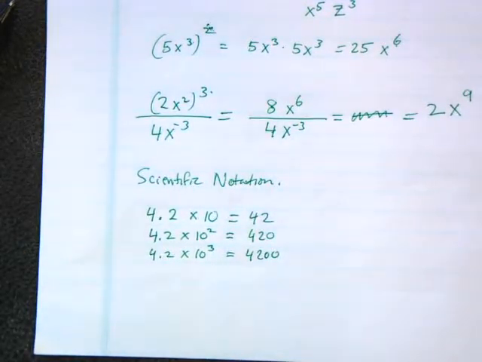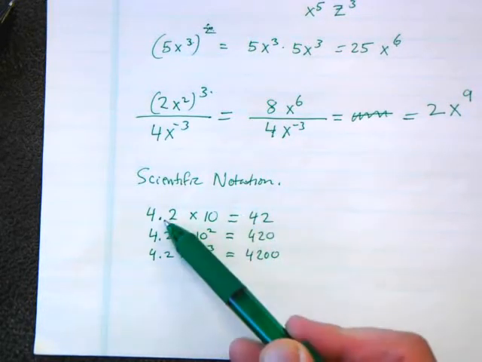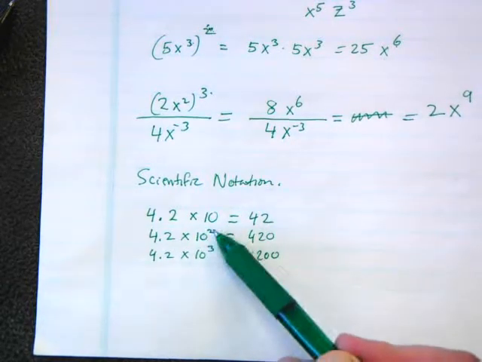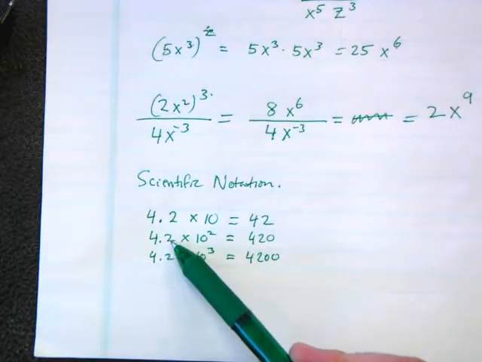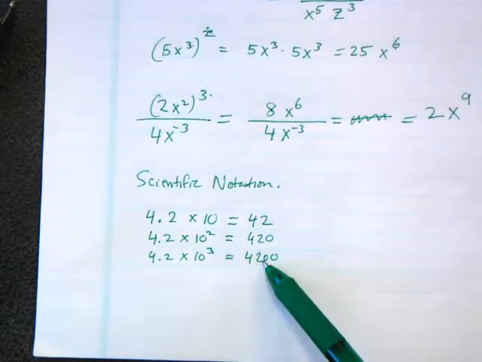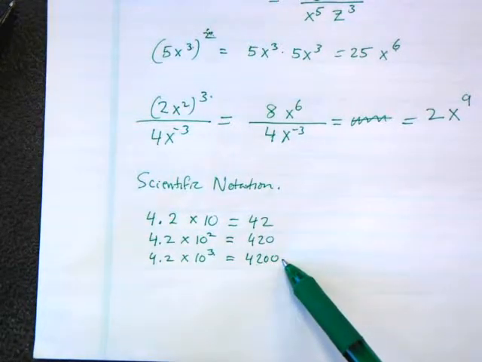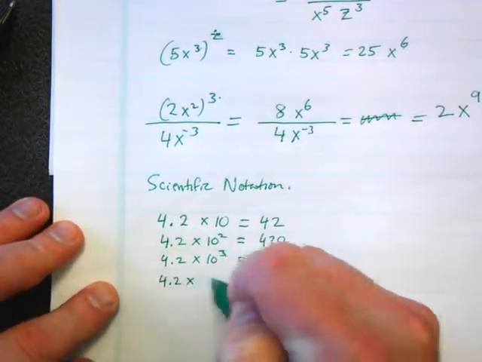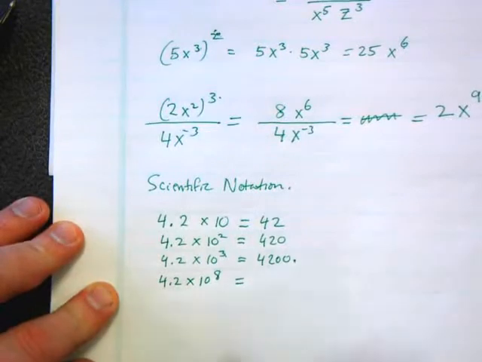So what does multiplying by 10 to a power do? Well, multiplying by 10 to the 1 moved the decimal one place. Multiplying by 10 squared moved the decimal two places. Multiplying by 10 cubed moved the decimal three places. So what if I gave you 4.2 times 10 to the 8th?